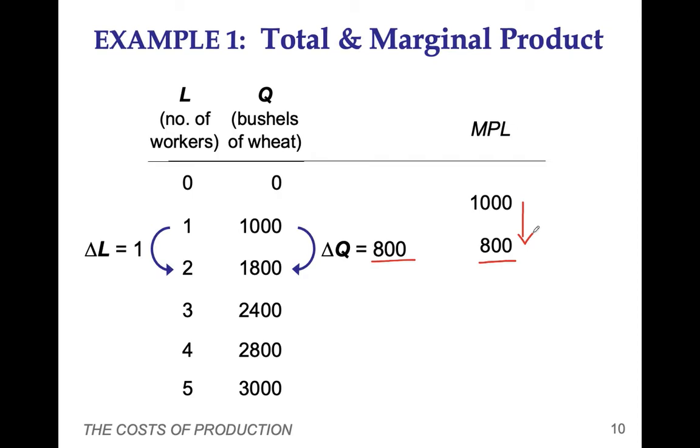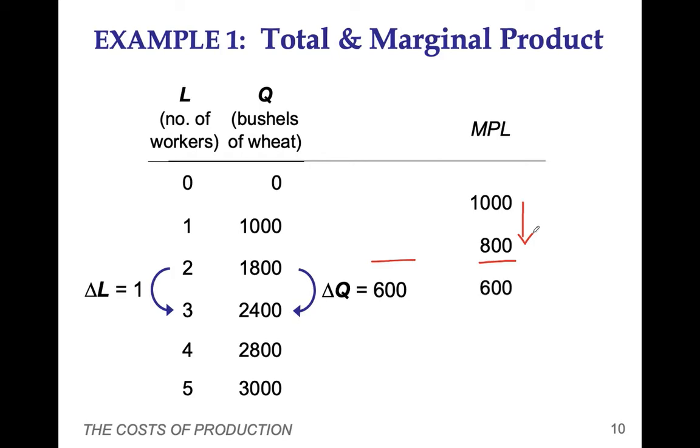So let's see worker number 3. He produces 600 bushels of wheat. So this makes an MPL of 600.